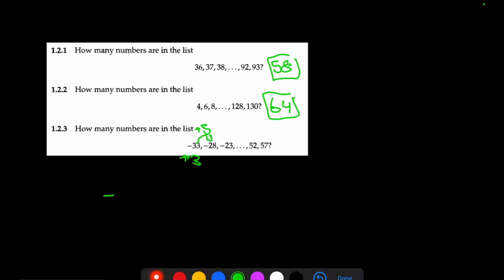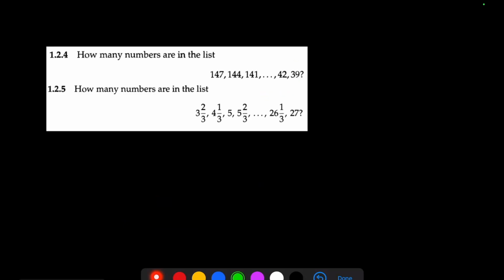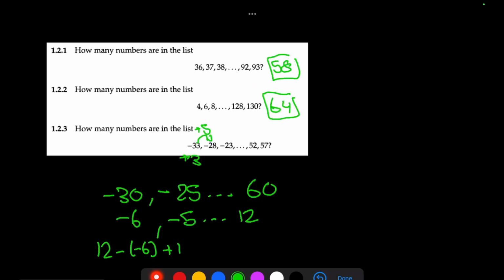So that'll give you negative 30, negative 25, all the way to 60. So now divide everything by 5: negative 6, negative 5, up to 12. And it seems like we can do our subtraction thing. 12 minus negative 6 plus 1.